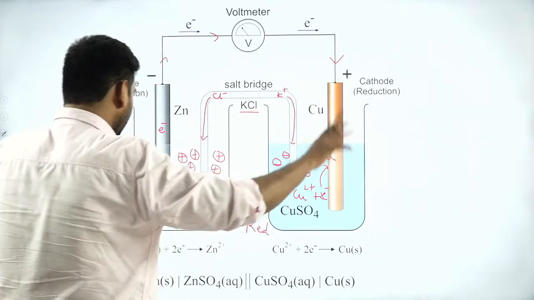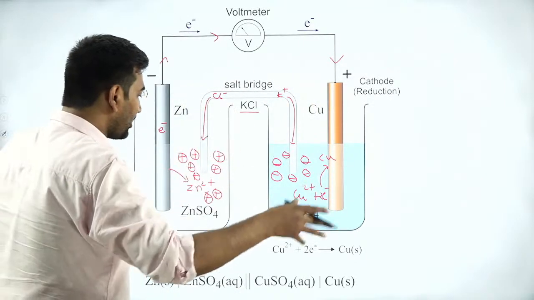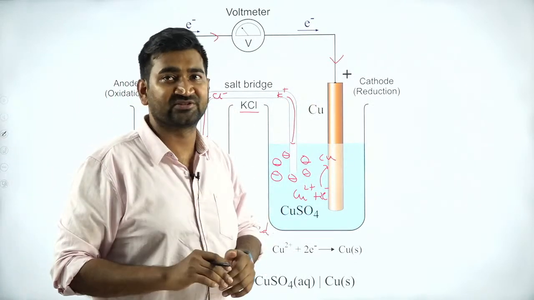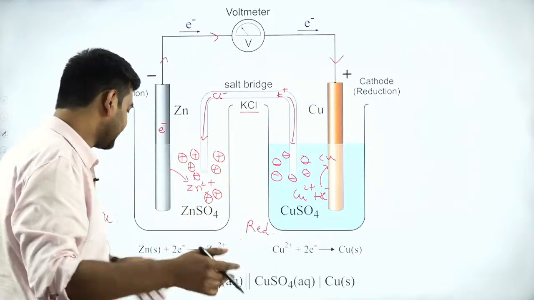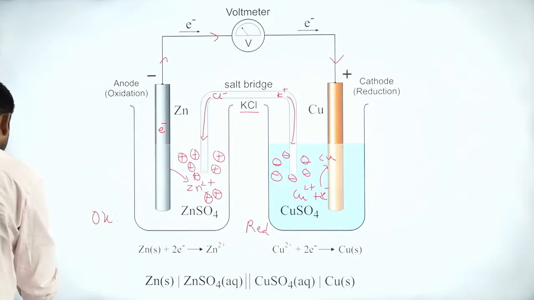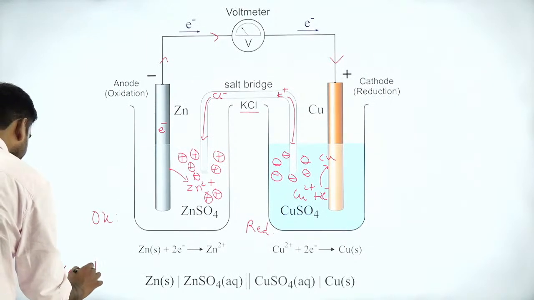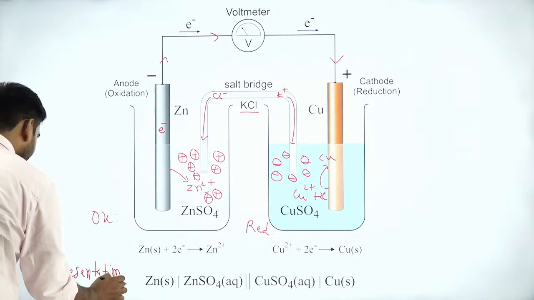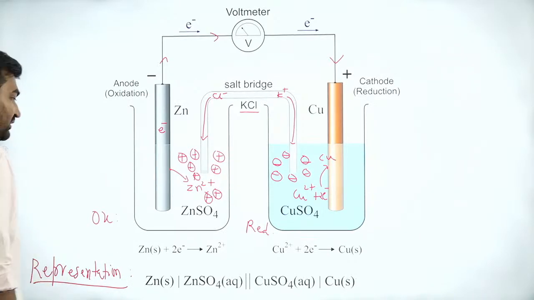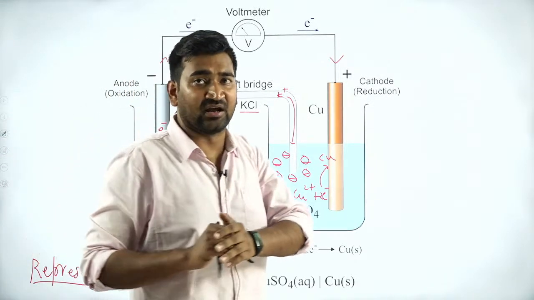So this is what we have read about the copper and the zinc cell and how to represent the cell. This, at the end, can you see, is called cell representation. On the left hand side you will be writing the anode.